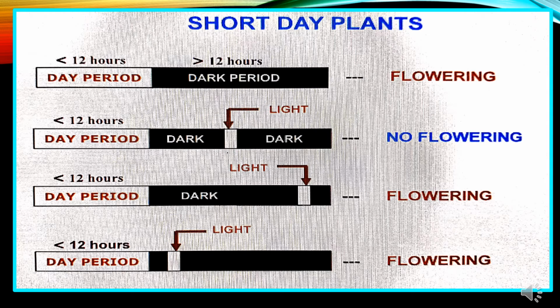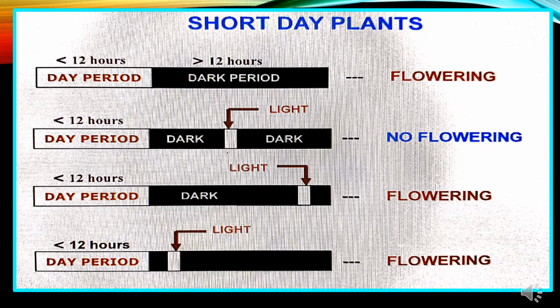In the first case, when the day period is less than 12 hours and the dark period is more than 12 hours, there will be flowering. In the second case, when the day period is less than 12 hours and there is a gap in the dark period, meaning in between there is a gap of light, then flowering will be affected and it will result in no flowering.